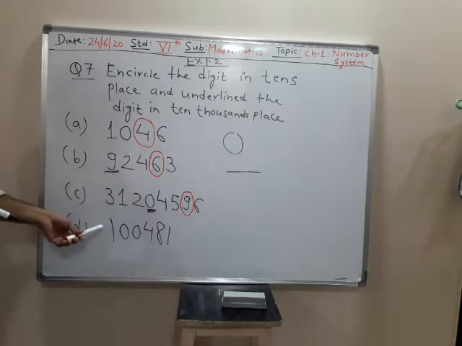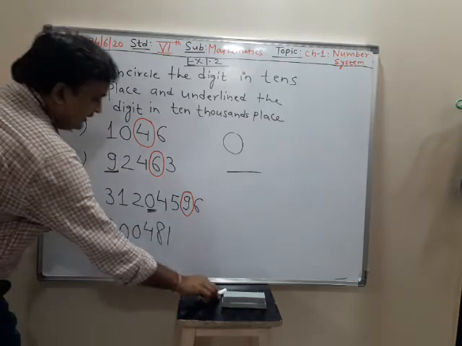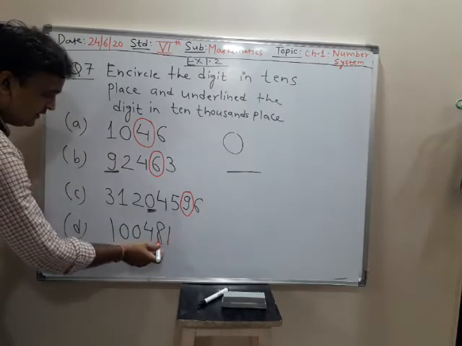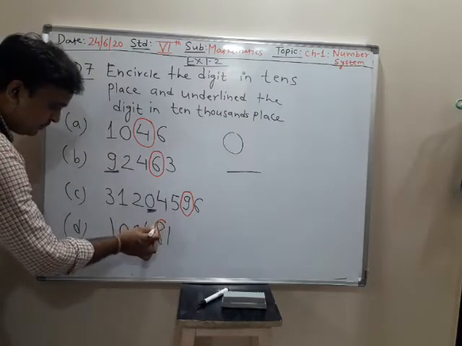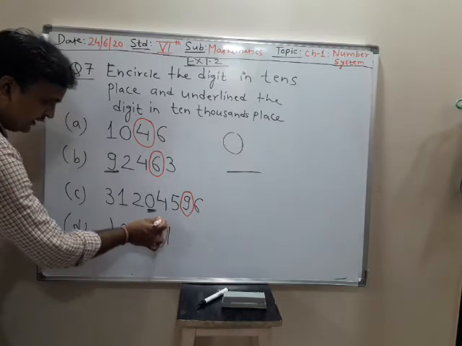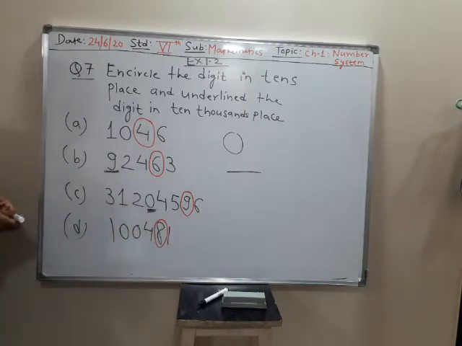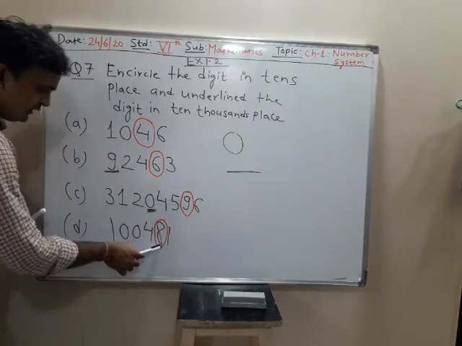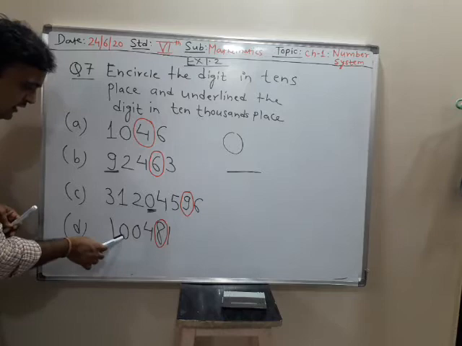Next, 100,481. We encircle that tens place digit. So ones, tens place is 8. So I have to encircle 8. And then underline the 10,000 place digit. So ones, tens, 100, 1000, 10,000.